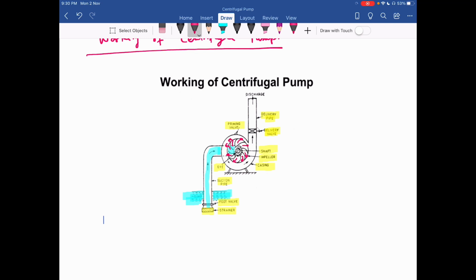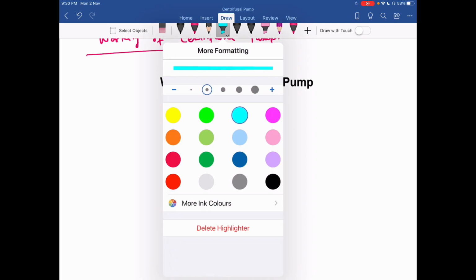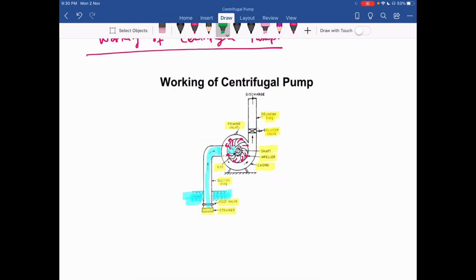However, the high velocity, now here the fluid we got. So here now I have a fluid along the casing. Okay. Now this fluid has high velocity, or you can say high kinetic energy plus pressure energy.